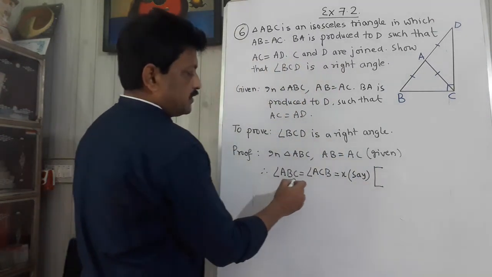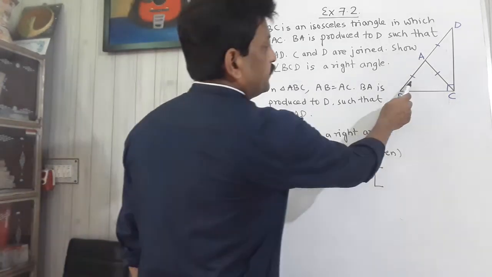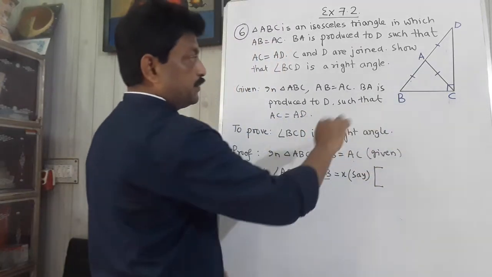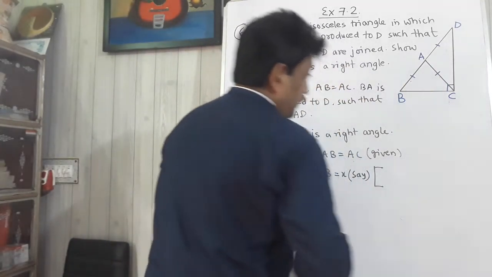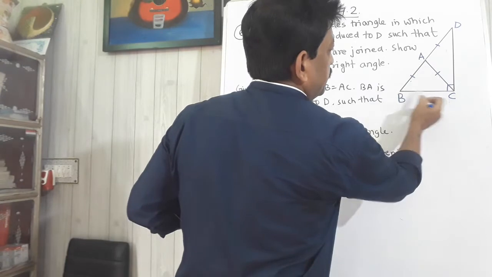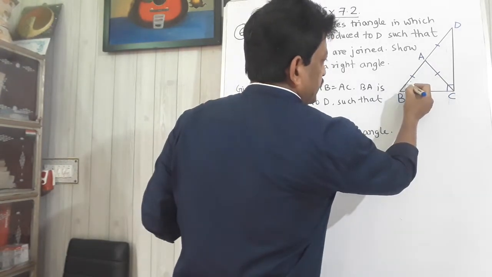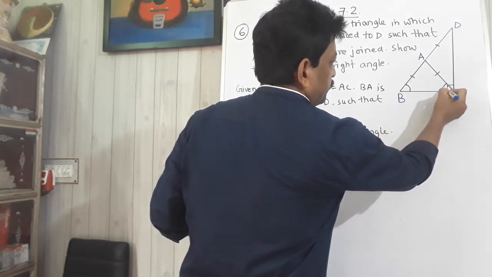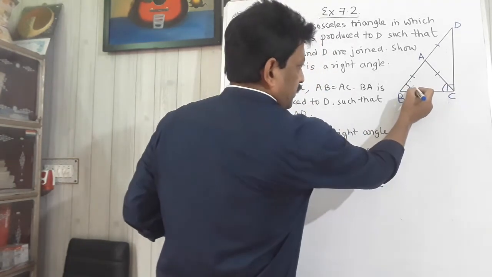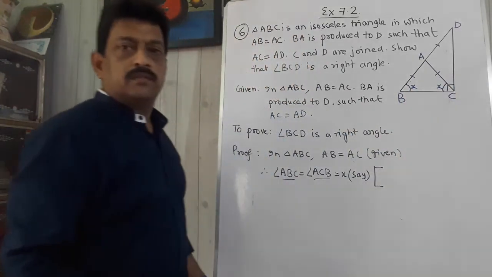Now, why are these two angles equal? You all know the theorem that if two sides are equal, then their opposite angles are also equal. So here angle ABC and angle ACB are equal because AB and AC are equal. So we can say that these two angles are equal by the theorem. And let us take these two angles as x each. Okay?